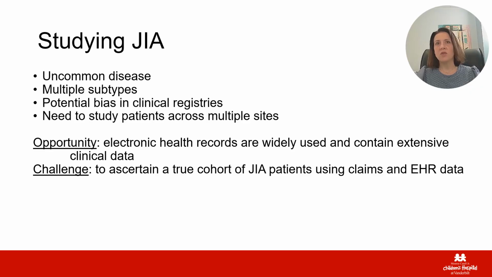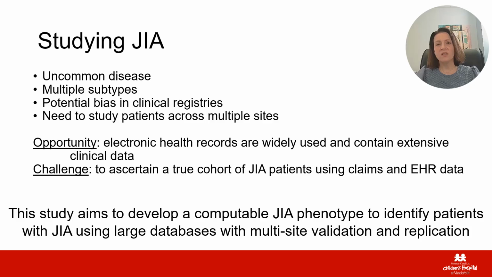This is to use electronic health records, which are widely used and contain extensive clinical data. Now, one of our challenges is to ascertain a true cohort of JIA patients using claims and EHR data. So in this study, we aim to develop a computable JIA phenotype to identify patients with JIA using large databases with multi-site validation and replication.